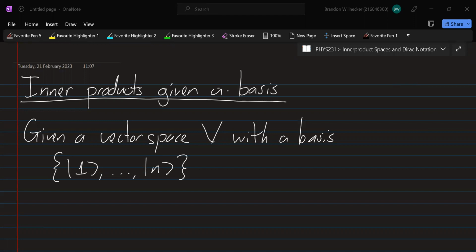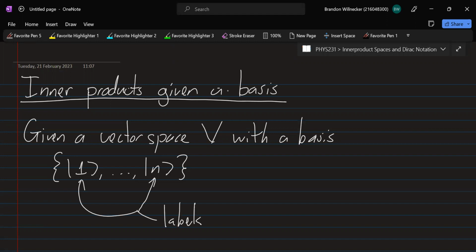Before, when we had a basis, we could write it as v1 up to vn, but we can give it any name, really. So we shouldn't treat these as numbers, but rather as some kind of label. Just because it's labeled number 1 doesn't necessarily mean it's the first vector or anything like that. So don't think too much about the actual numbers we are prescribing to them.